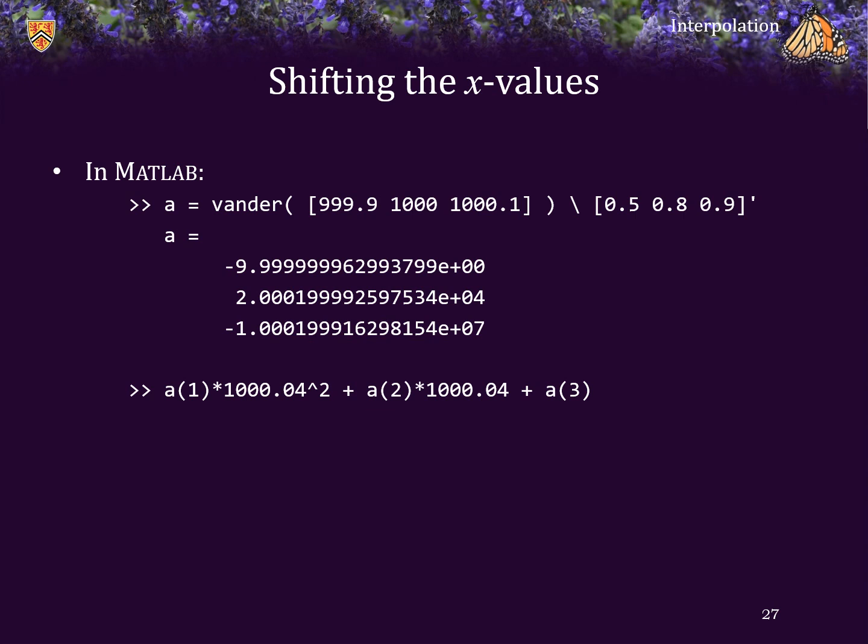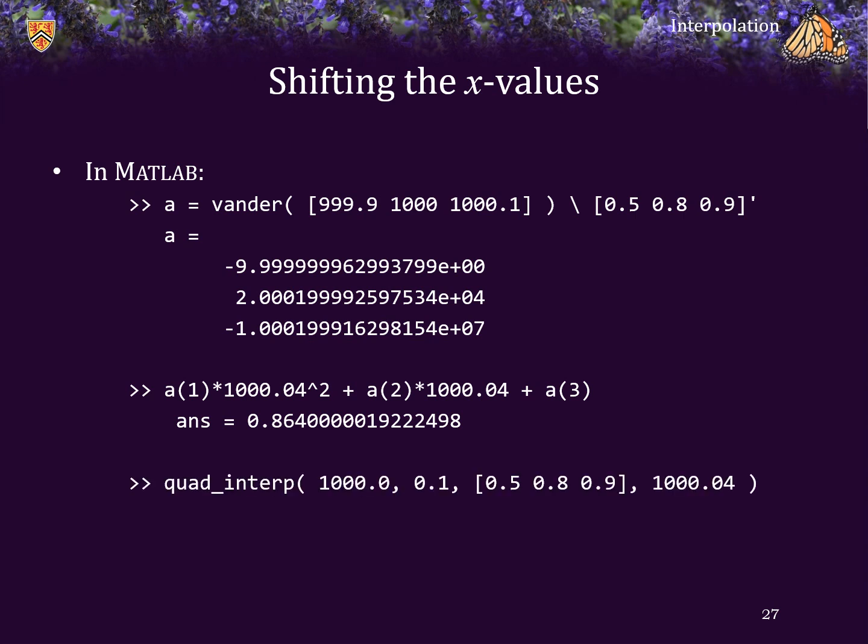We could then evaluate this quadratic polynomial at the point 1000.04. All right, the correct answer was 0.864. We're pretty close, but let's try calling that quadratic interpolation function that used the other approach.